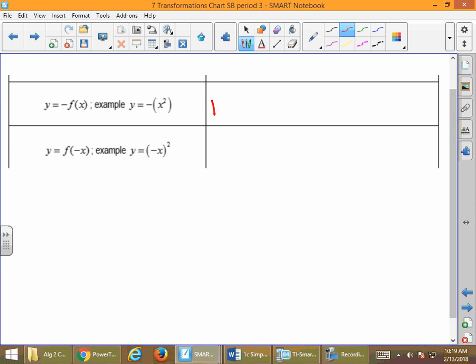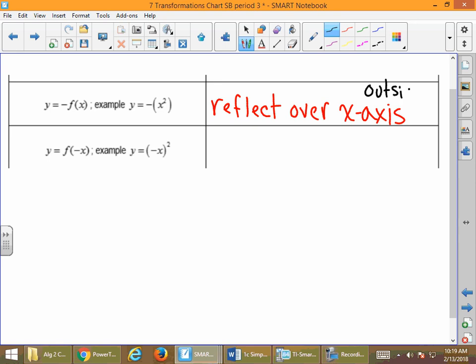That means that we're going to reflect over the x-axis. And once again, the negative is in front of the function, so it's outside of the function. For some of you, the outside and the inside is working, and for some of you, that's not working, so decide whether it works for you or not.